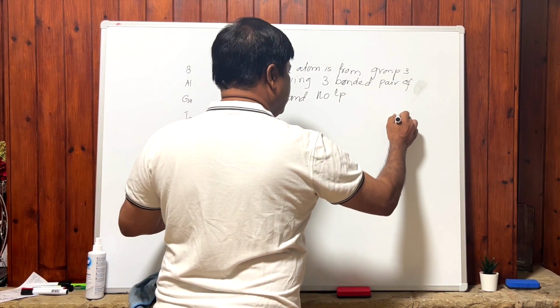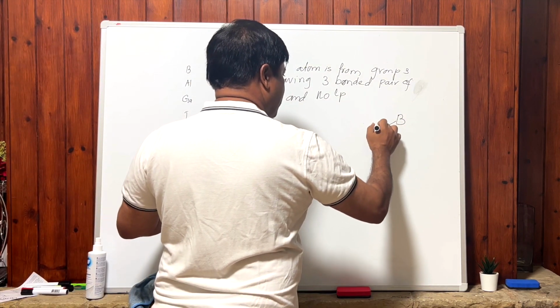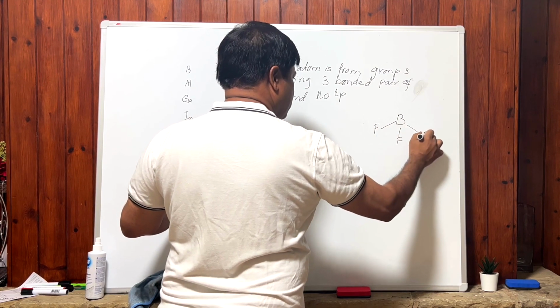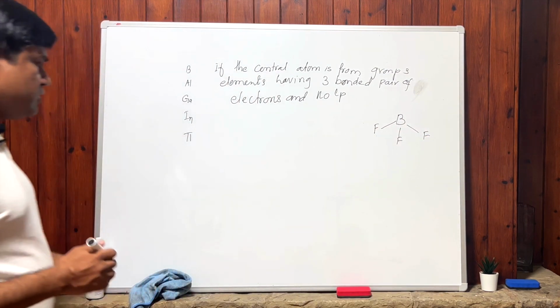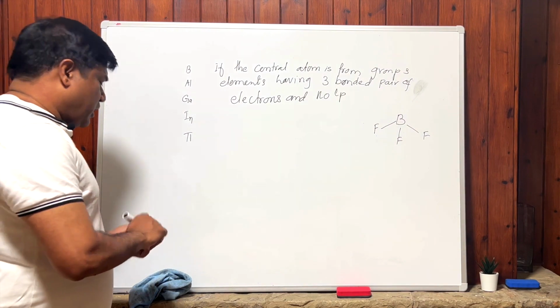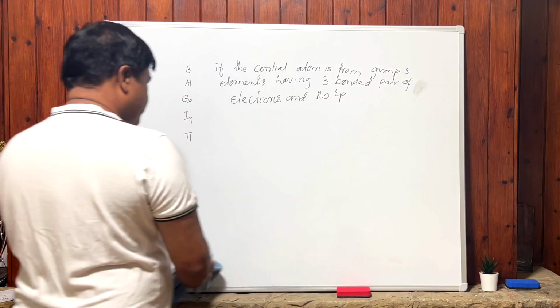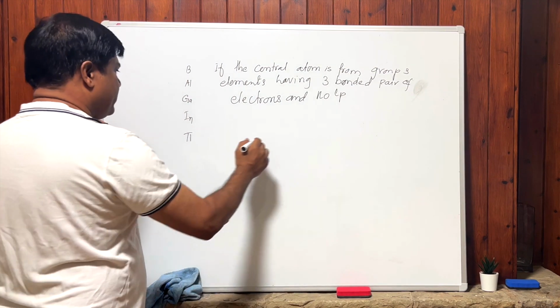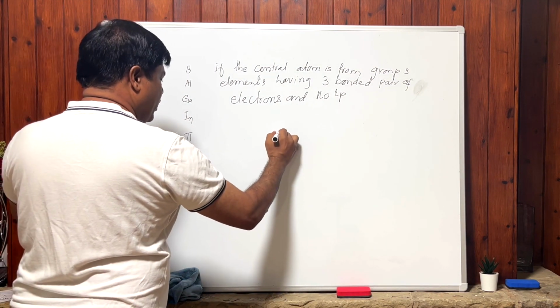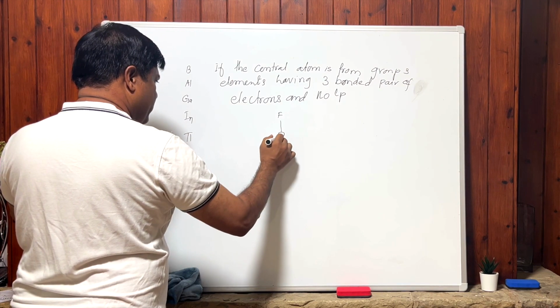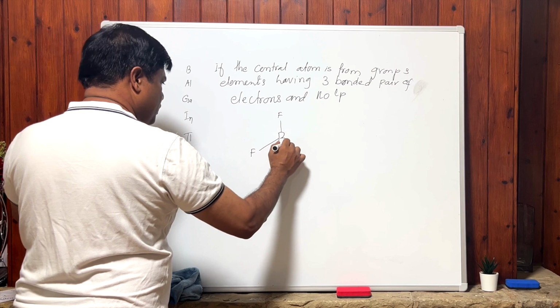If boron forms any 3 bonds like BF3, look at that, it has no lone pair and it can form 3 covalent bonds. Boron trifluoride, aluminum trichloride. 1, 2, 3.